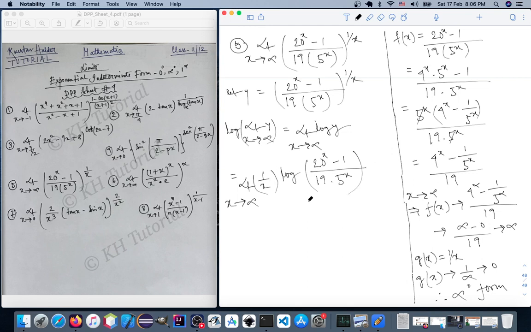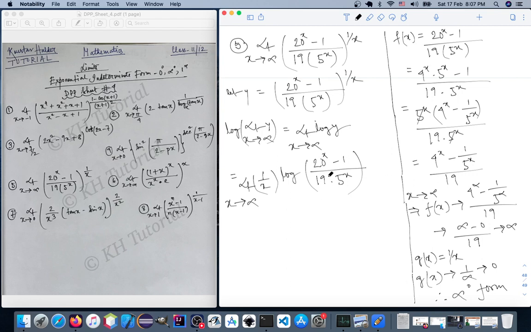Log is in the form of log a by b. We know log of a by b equals log a minus log b. We can simplify using that formula, and x becomes in the denominator. Let's see this thing. Okay, so this is fx.